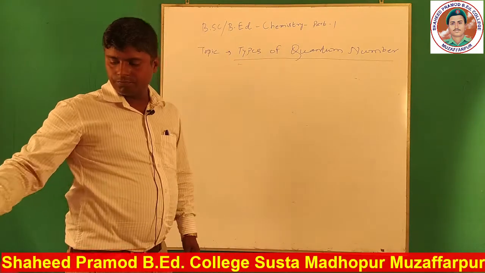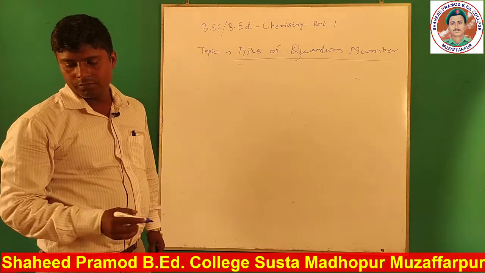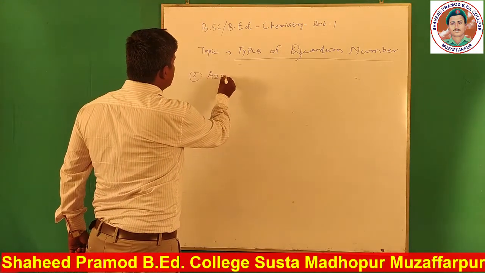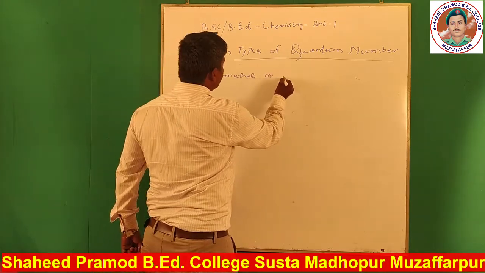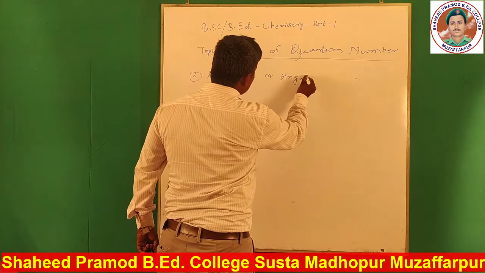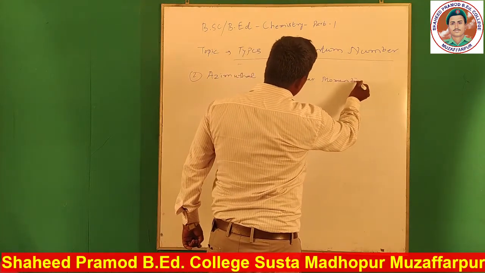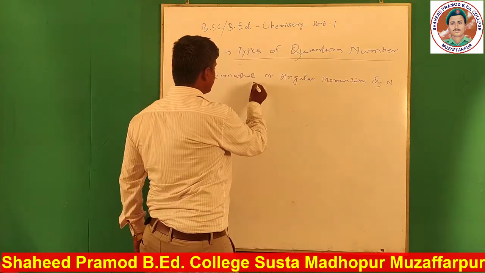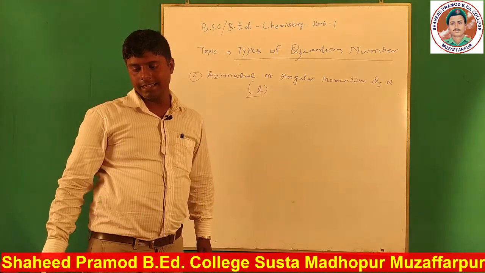Write down: second one, azimuthal or angular momentum quantum number. It is denoted by l.